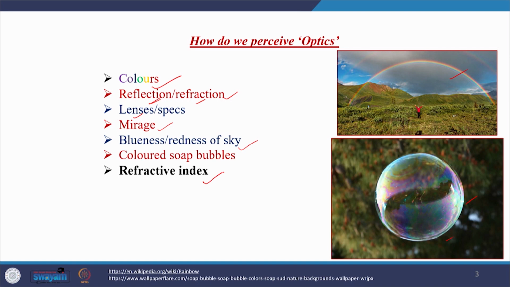Now, a parameter which plays a major role in all these phenomena is called refractive index. We will talk about refractive index in greater detail in this course, but through these phenomena we can perceive what optics is. Now, we will go much deeper with the progress of the course and try to understand different phenomena in greater detail.